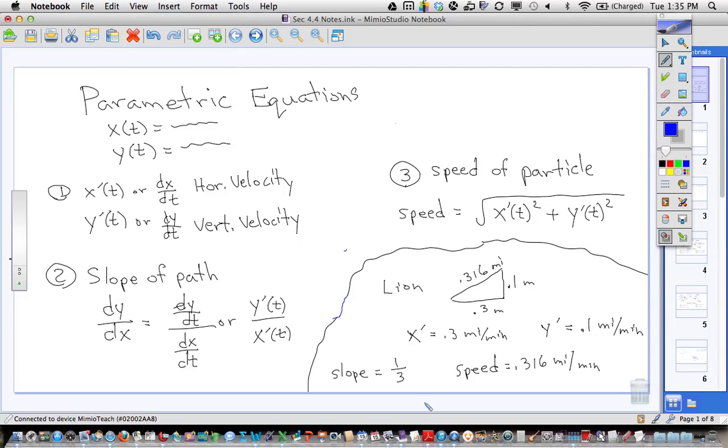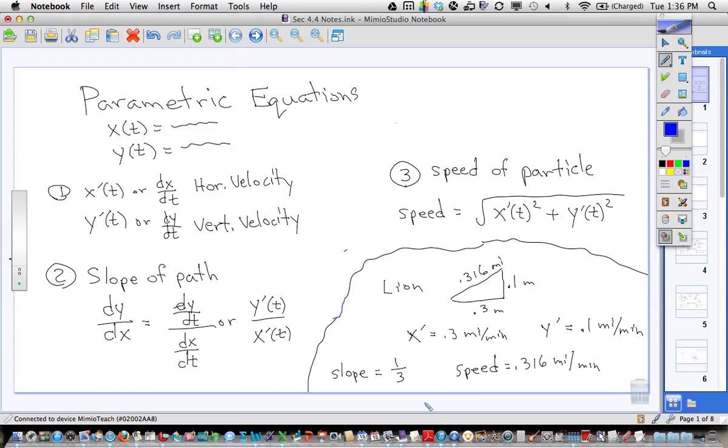They were the horizontal and vertical velocities. Now, here's where I like the dy/dt, dx/dt notation, because think about this. If you took dy/dt divided by dx/dt, what would happen? Algebraically, invert and multiply, the dt's would cancel, and sure enough, you'd end up with dy over dx. So it kind of makes sense.